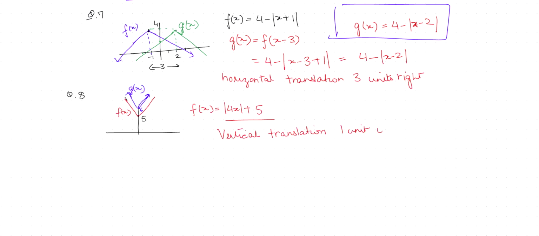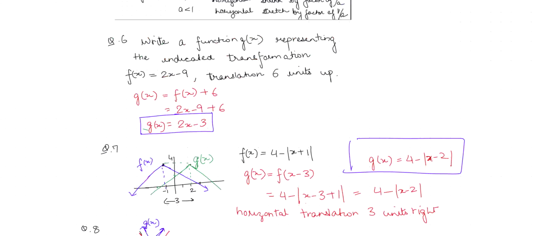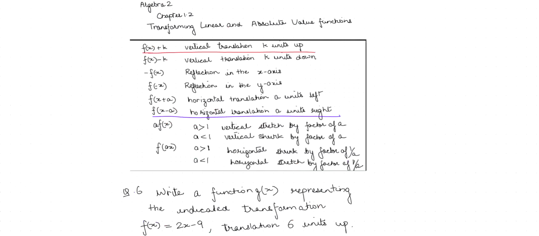We can see our rules here. So we can see that this is vertical translation k units up. So f(x) plus k. So let's do that.